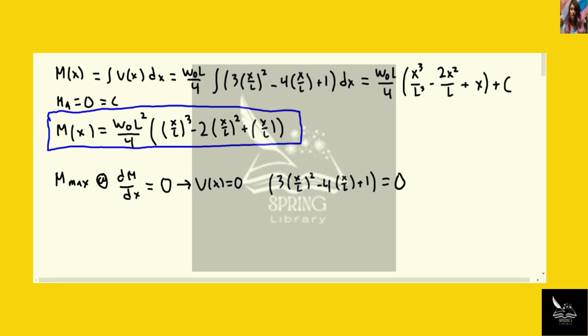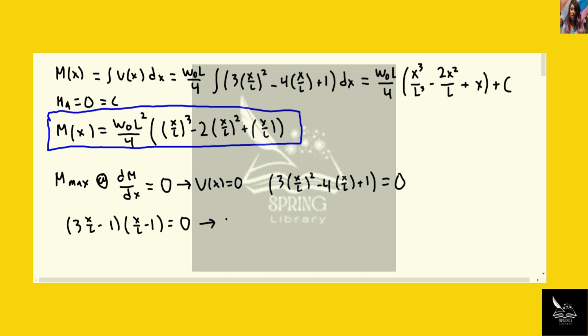For our V, this will factor into 3 x over L minus 1 and x over L minus 1 equal to 0. Okay, so we've got two solutions for V equal to 0.